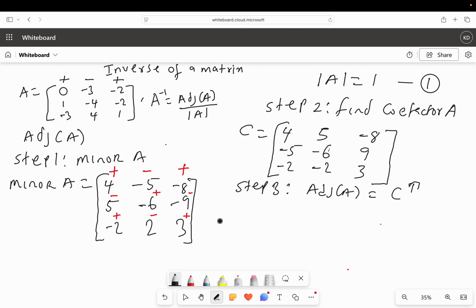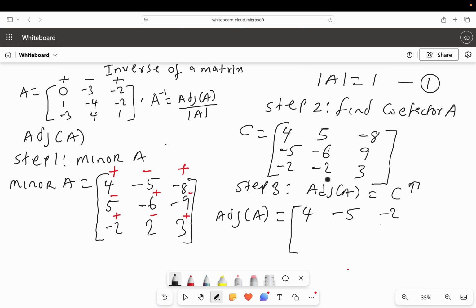So I will have my adjoint of A. So to find the adjoint of A, I just transpose my C matrix. So the columns will turn into rows and the rows will turn into columns. So starting with this column, I will turn it into a row. So 4, minus 5, minus 2.